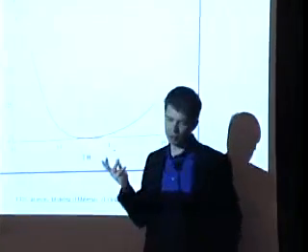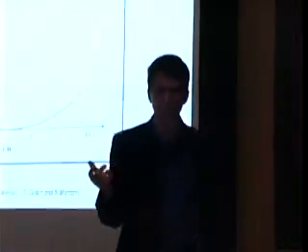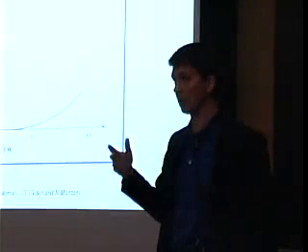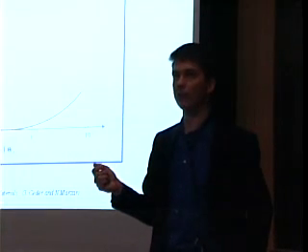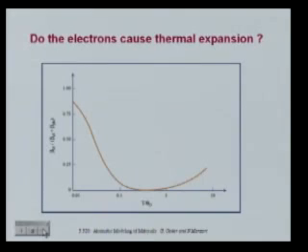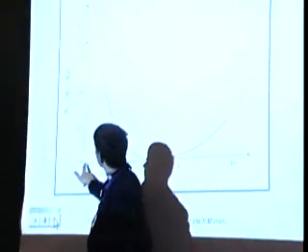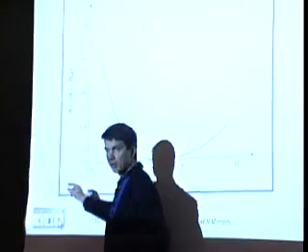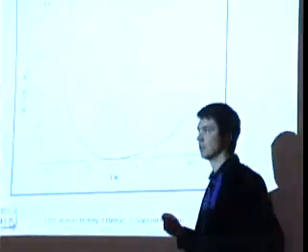Think of the Debye temperature as the temperature scale at which the vibrations become classical, which for a lot of materials is somewhere in the order of 200 to 500 Kelvin. So it's not 1 Kelvin, it's not a million Kelvin. So what you see is only at really low temperature is the electronic thermal expansion important in these materials.